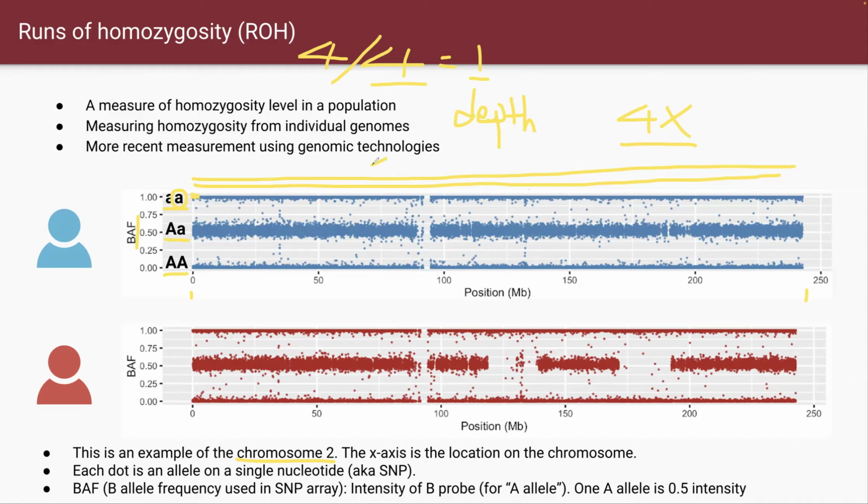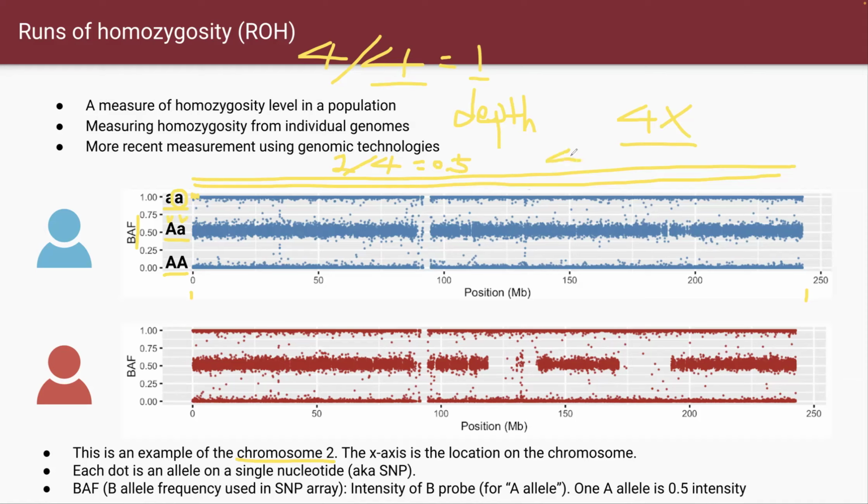But if you read 4 times and have only 2, then that's going to be 0.5. Why? Because 2 times it will have the small a, and 2 times it will have the large A. So that's why it's going to be 0.5.